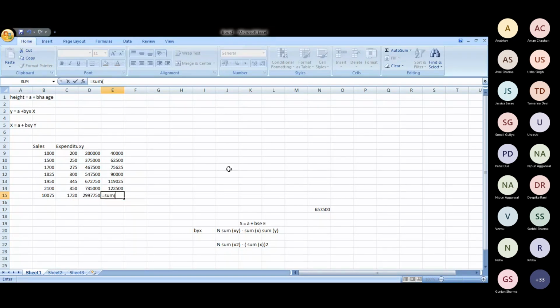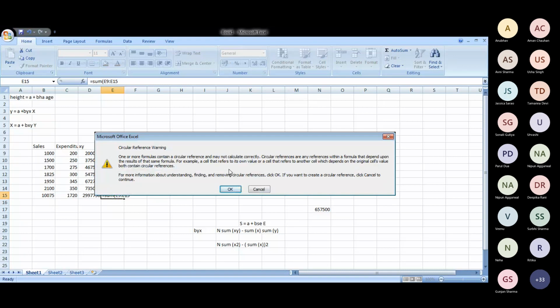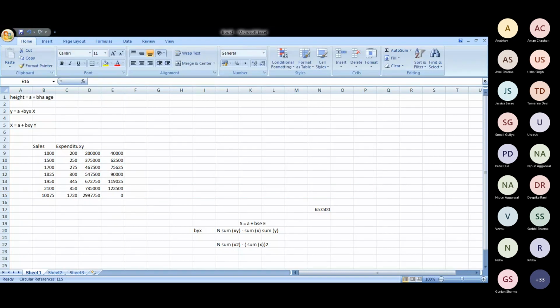Now you have to take a sum of this, so this becomes your summation of x square. So now we will talk of the denominator. The denominator becomes 6 multiplied by E15.